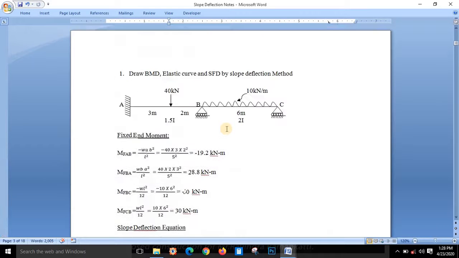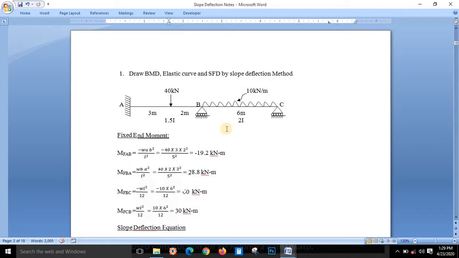If we compare this method with the moment distribution method, this method is very simple, very quick, and we can easily solve it. So I'm going to stop here. In the next tutorial we are going to discuss the continuous beam with sinking support and portal frame.